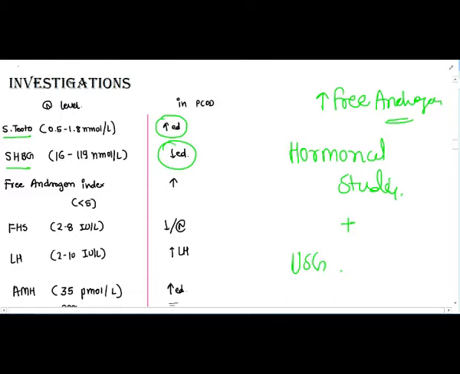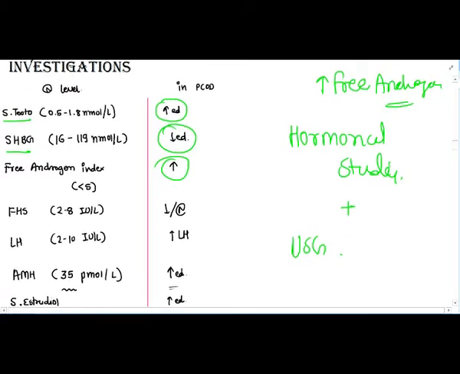The free androgen index will increase. FSH is going to be borderline or decreased. LH will be on the higher side or increased.